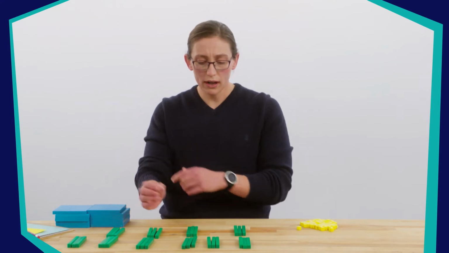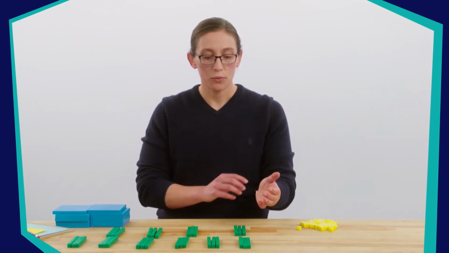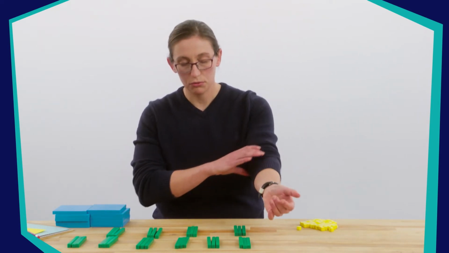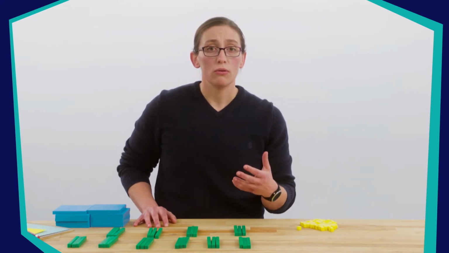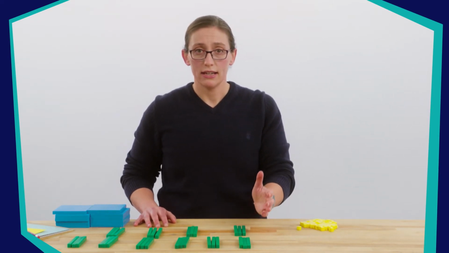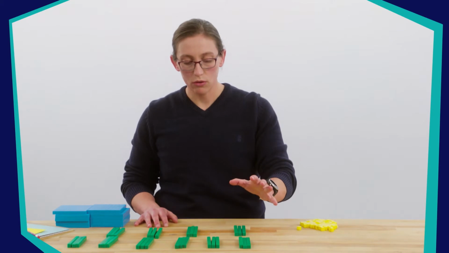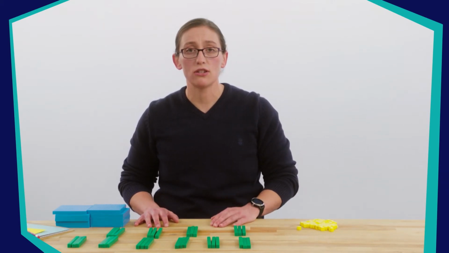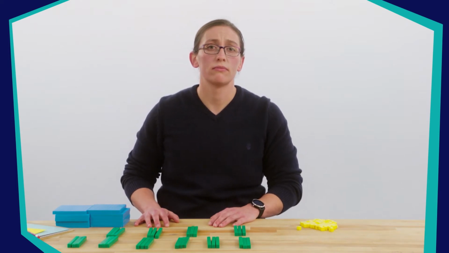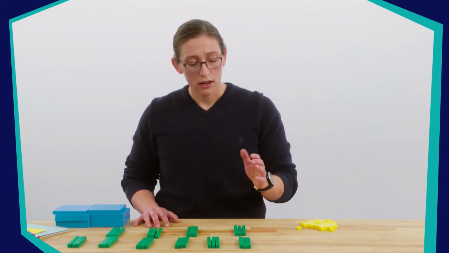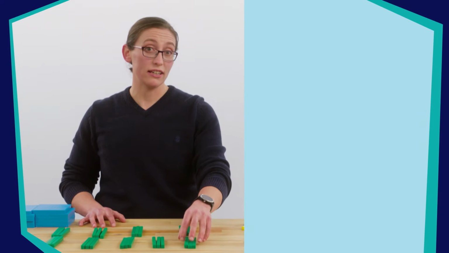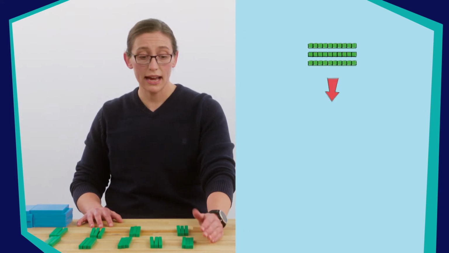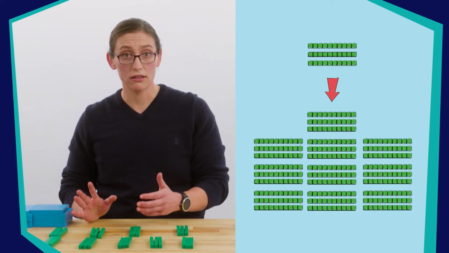So, what I see here is that we have 10 groups of 3 rods. I want us to think about what we are seeing. Is there anything that changed with these blocks? Exactly. I went from having 3 rods to having 30 rods.